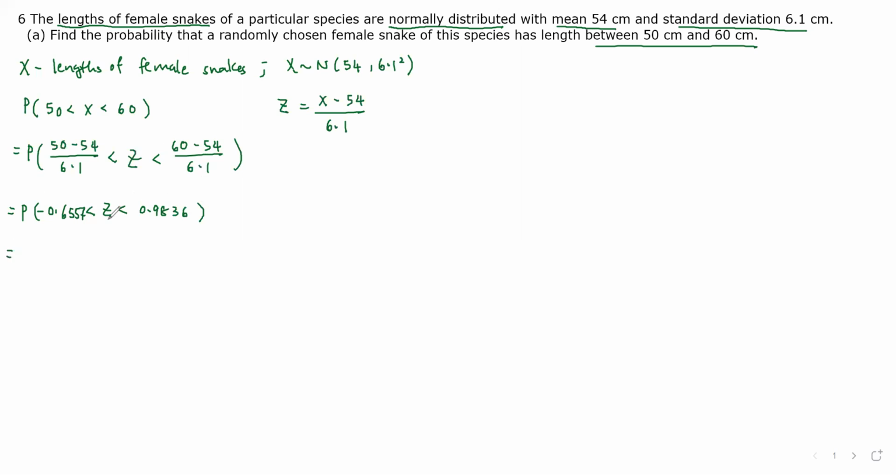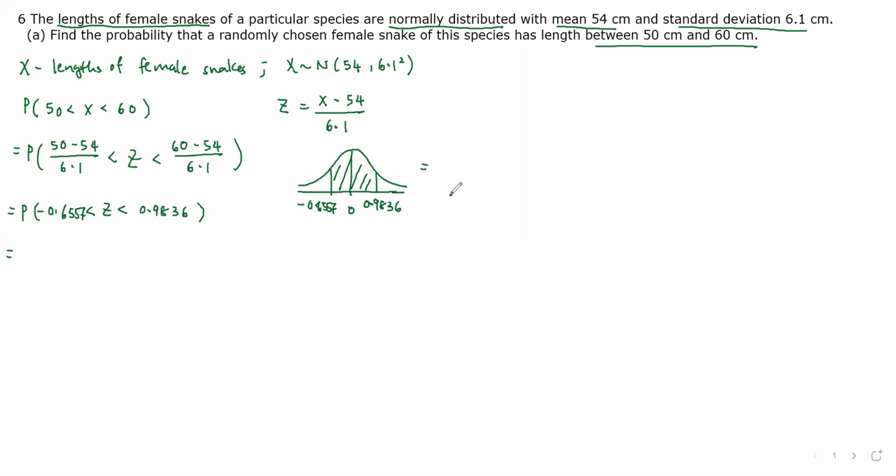We need to find the area under the standard normal curve between negative 0.6557 and 0.9836. This area will give us the required probability.